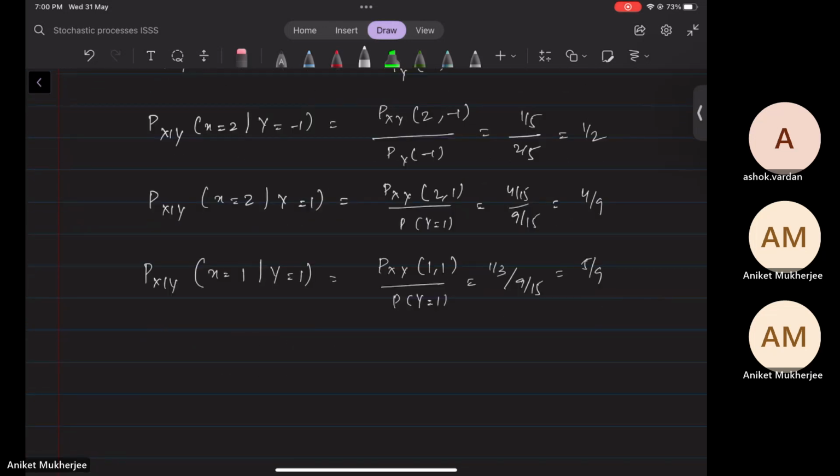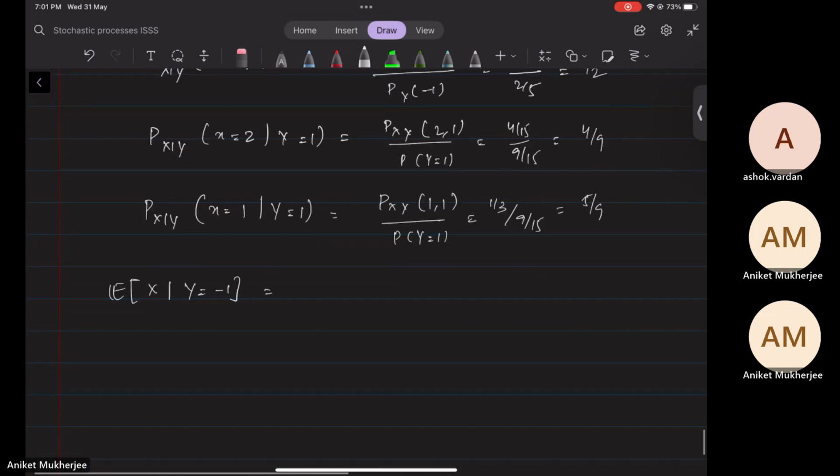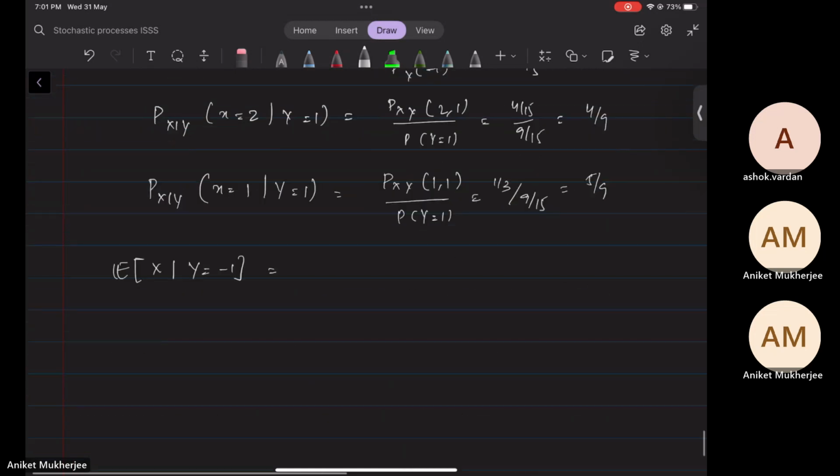So now first we'll calculate the expectation conditioning on the event y equal to minus 1. So now x is a random variable. Sorry, x will take values 1 and 2. So you sum over all the values.